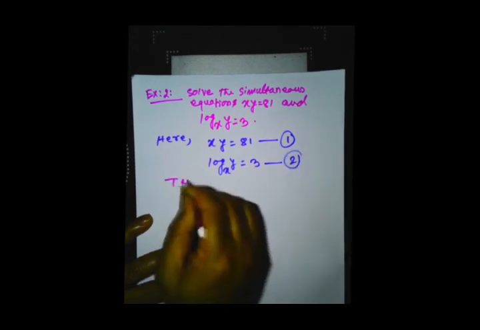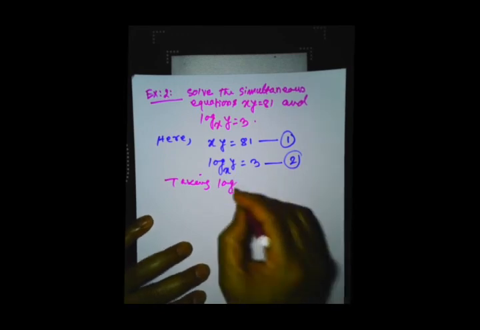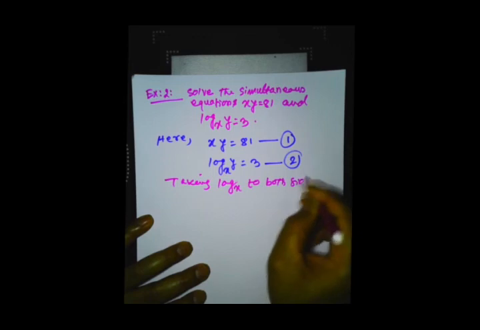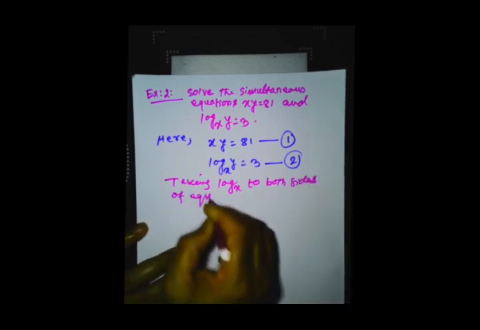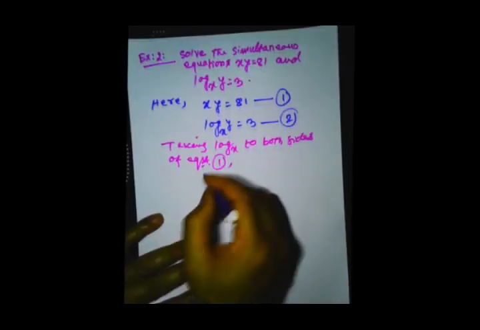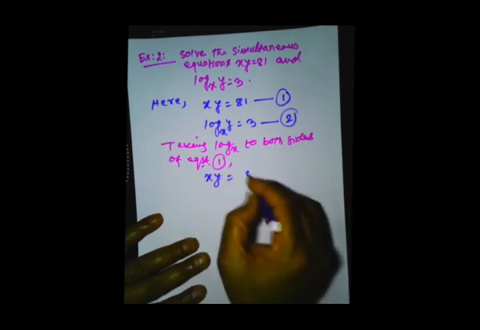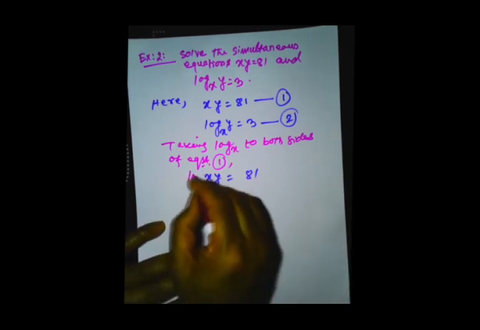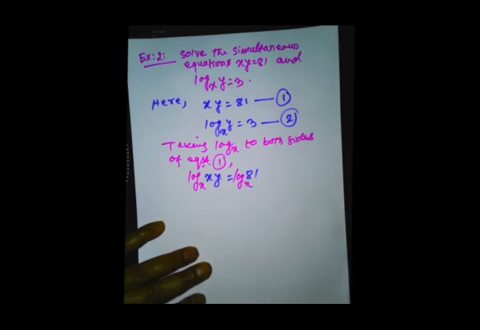So now I am taking log to base x of both sides of equation 1. Then you can write like this: xy equals 81. At this point we are going to take log to base x here and log to base x here as well.